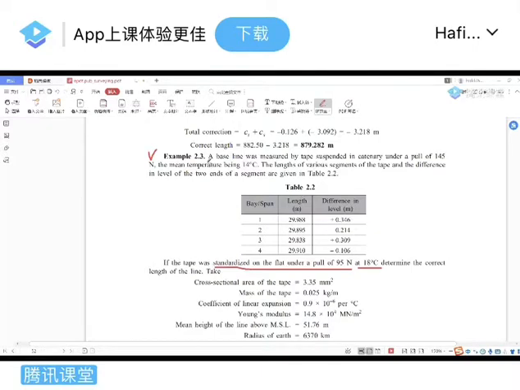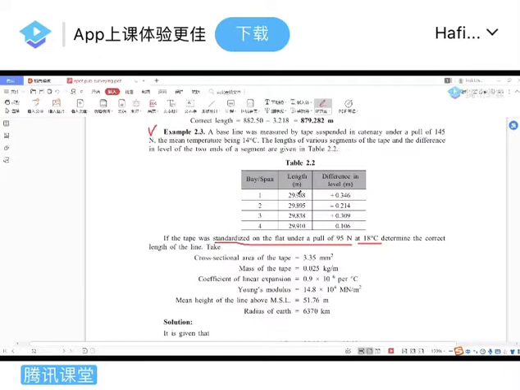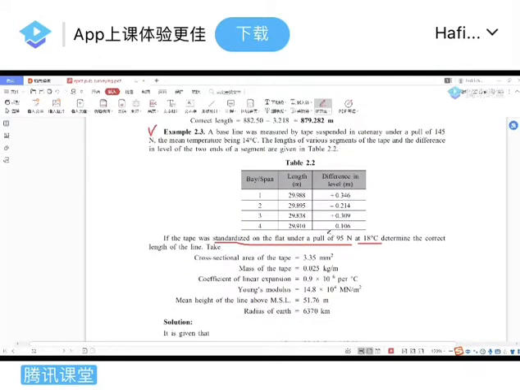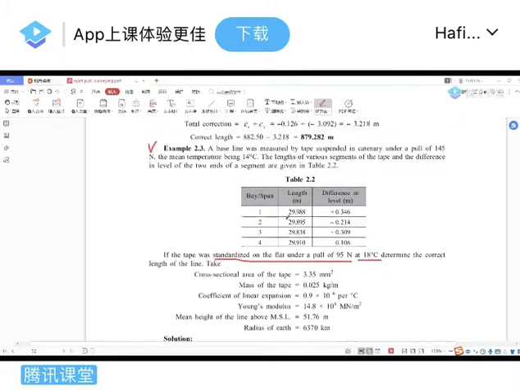Obviously the temperature outside is lower than the standard one, so the tape will be shorter than the standard one. You have to deduct the error for the length, so you can expect a shorter length than this one. So you always think about all the way how to do the conversion.